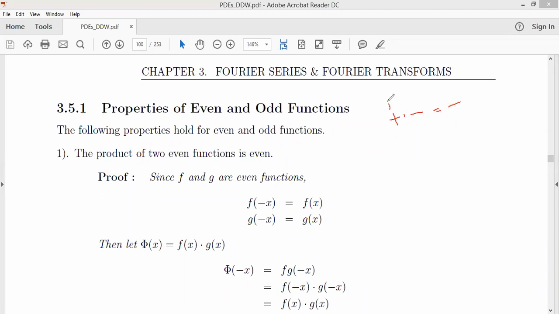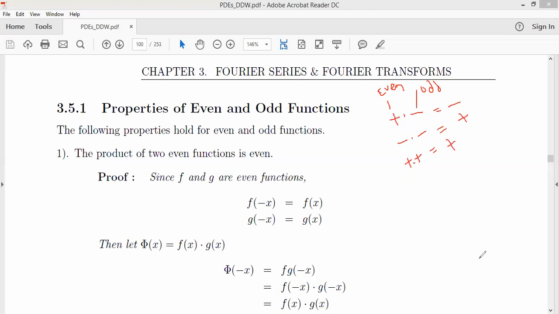Positive here is even, and the negative is odd. So even times odd is odd, and of course commutativity works. A negative and a negative is a positive, implying a product of odd and odd functions gives you an even function. And lastly, even and even gives you even.